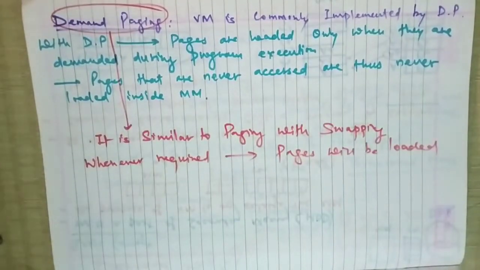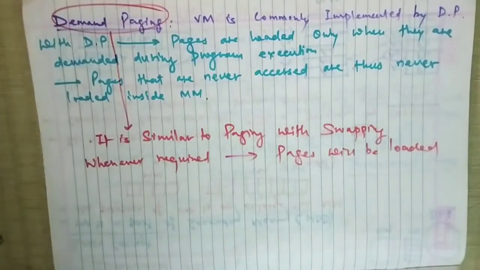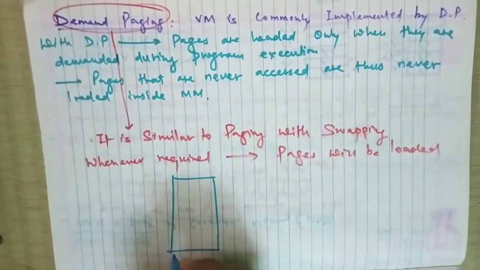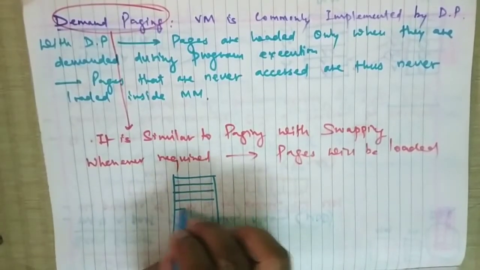When a process is to be swapped in, the pager guesses which pages will be used before the process is swapped out again. As you can see in the example, this is the main memory, and in this main memory we have a few pages.